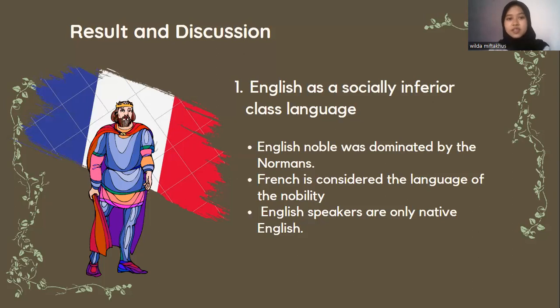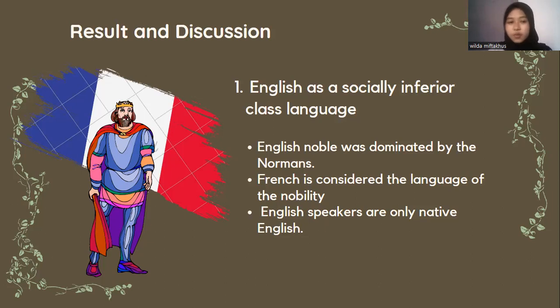The result and discussion. First, English as a socially inferior class language. After the English nobles were killed and William was crowned king, the government and the church were dominated by the Normans. Therefore, Old French was considered the language of the nobility, and the English language was used only by the natives.